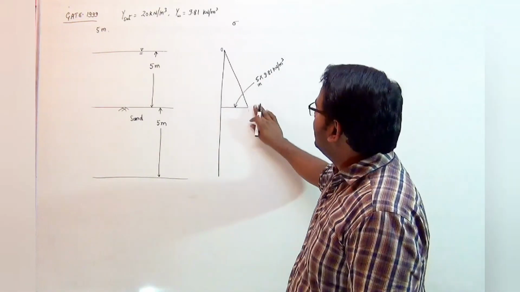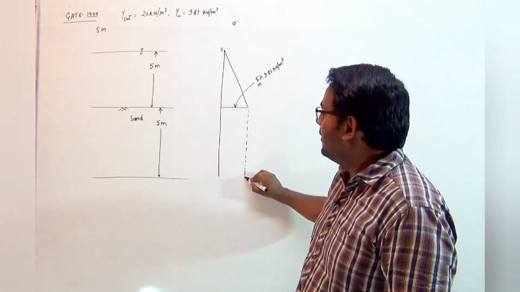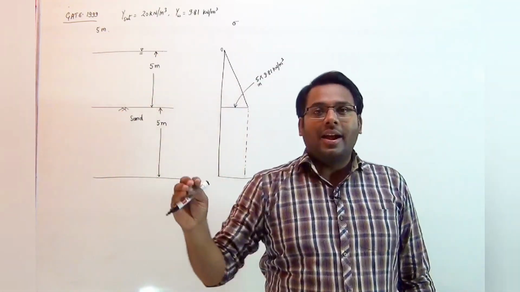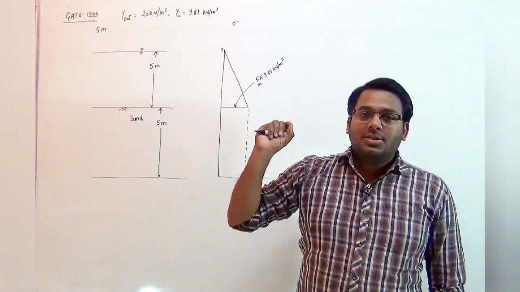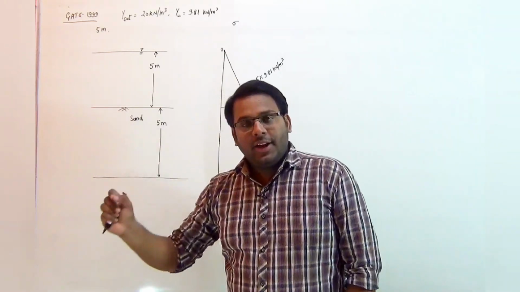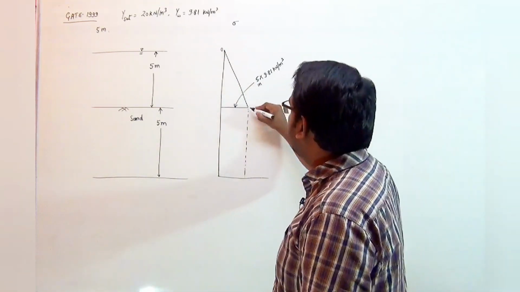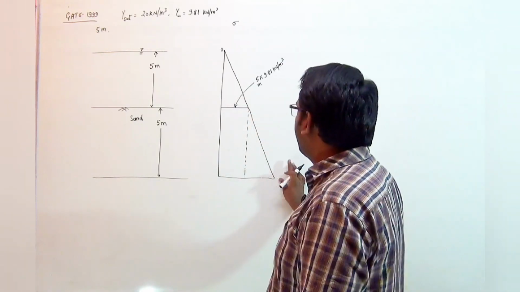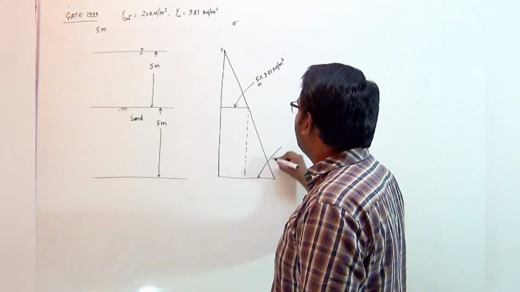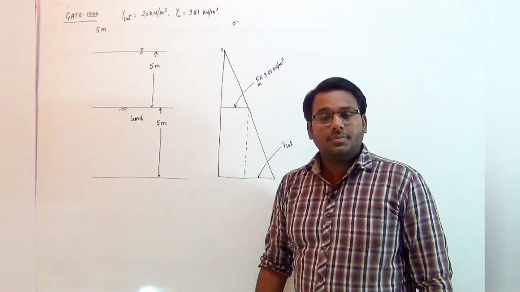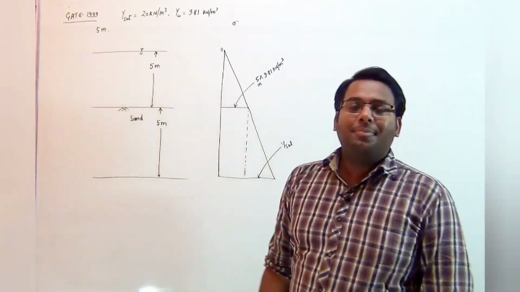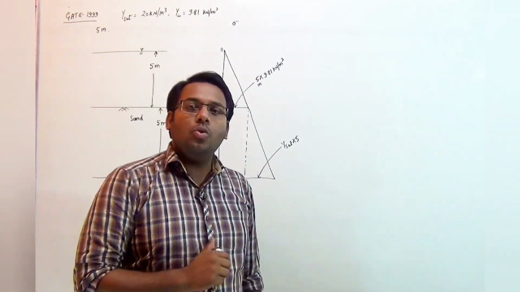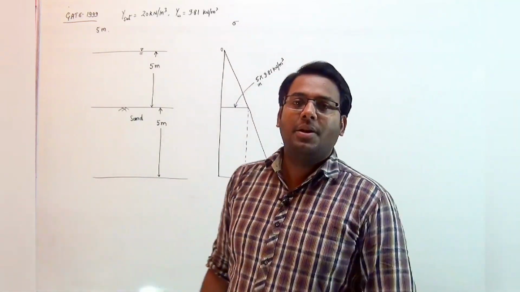After this the weight of the water layer lying above the sand layer will remain constant, and as we move down in the sand layer the total stress will increase because of the weight of the sand, by gamma saturated. As we are moving down to a total depth of 5 meter in the sand, the stress will increase by gamma saturated into 5. The units are in kilonewton per meter square.